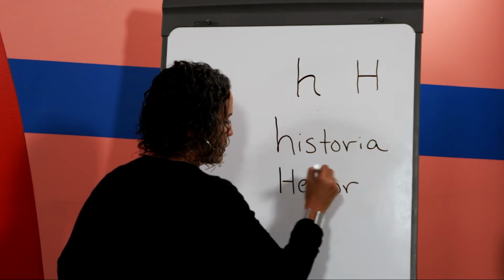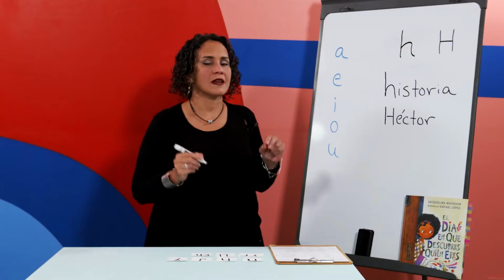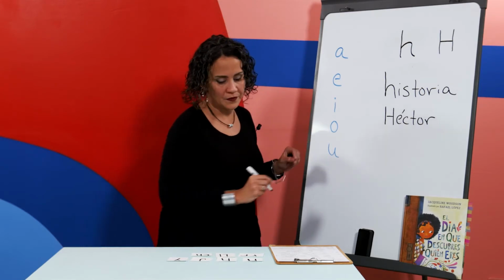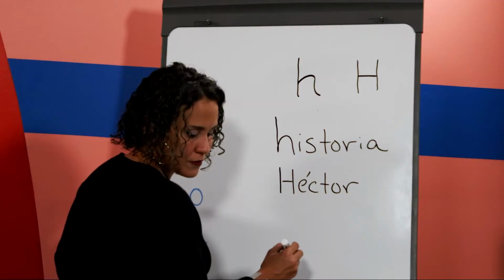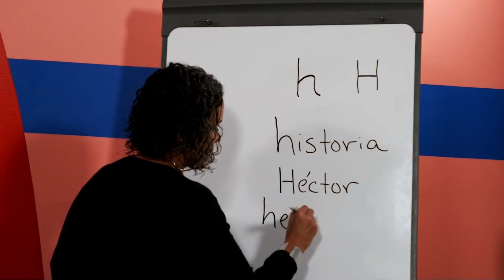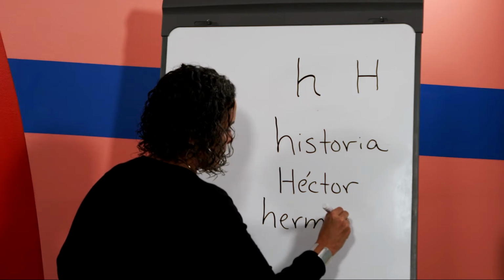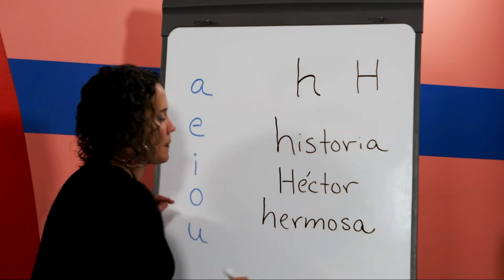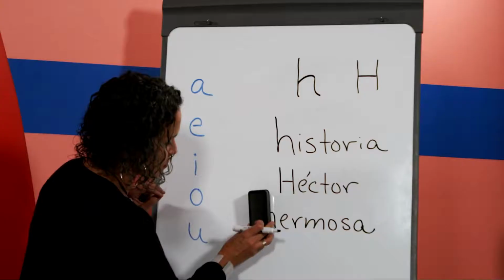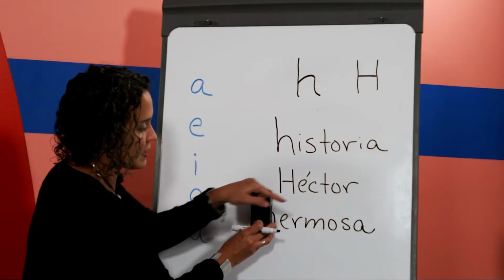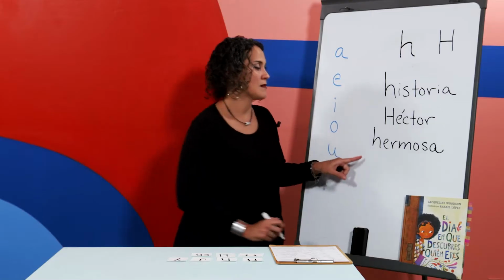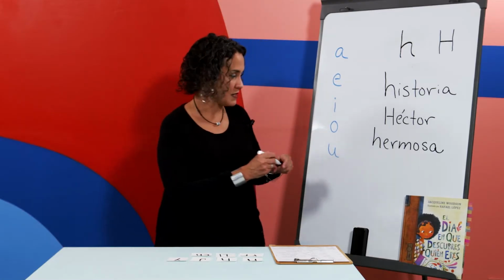This name is Héctor. Okay? You don't pronounce the H. Okay, another word from the book. That says hermosa. So we're pretty much going to hide that H and pronounce the rest. Hermosa. See? So that's pretty easy.